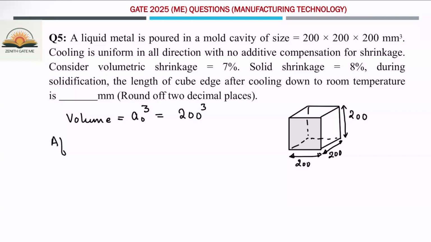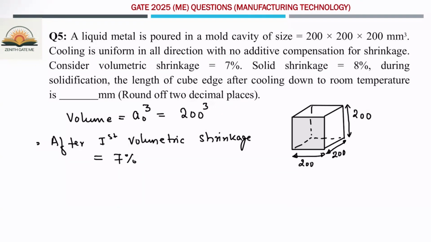First, I will calculate the edge length of the cube after the first volumetric shrinkage of 7%. Let A1 be the edge length after first volumetric shrinkage.